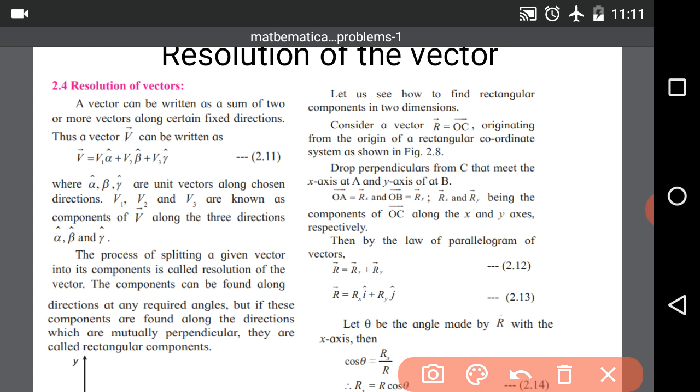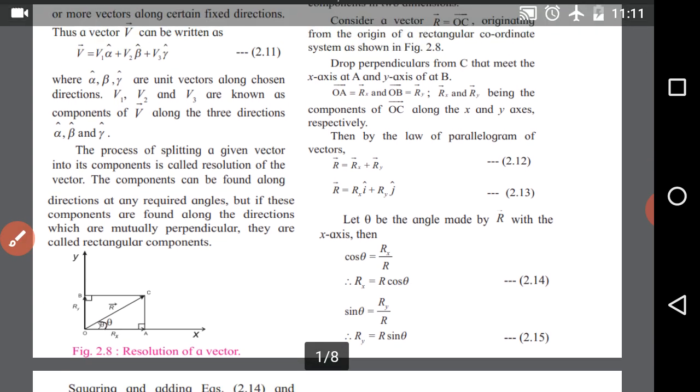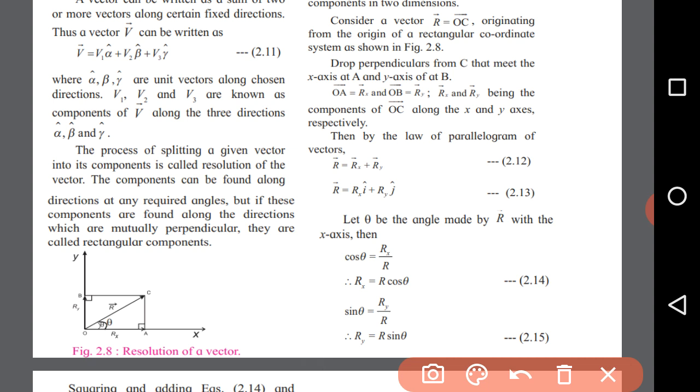Alpha cap is the unit vector along the v1 direction, beta cap along the v2 direction, and gamma cap is along the v3 direction. Now this is the actual definition of resolution: the process of splitting the given vector into its components is called the resolution of the vector.